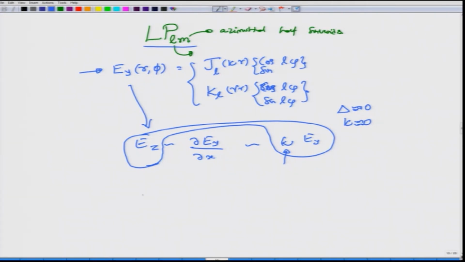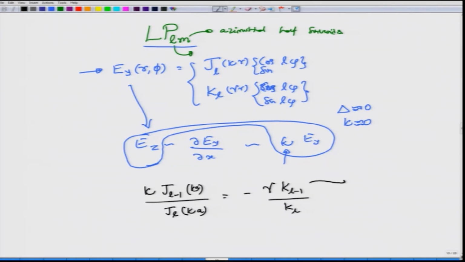Okay. The corresponding characteristic equation can also be simplified. It goes something like this: kappa J_(L-1)(kappa a) divided by J_L(kappa a) must be equal to minus gamma K_(L-1) divided by K_L. Of course, the arguments of these are gamma times a.